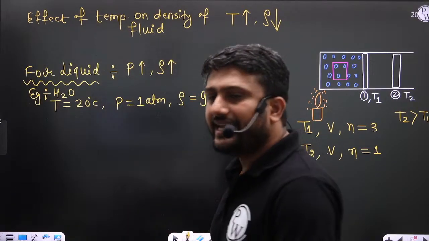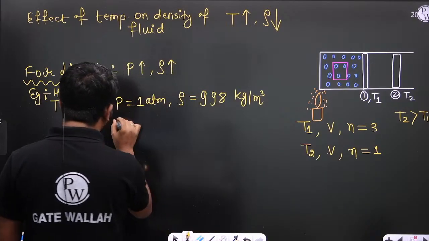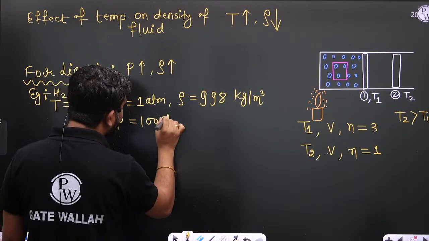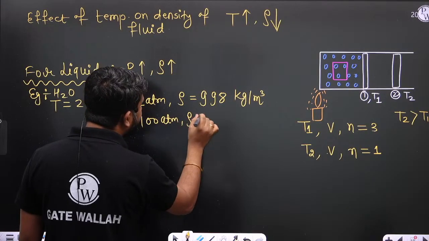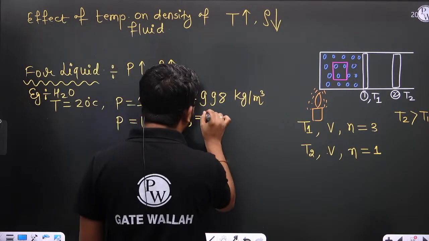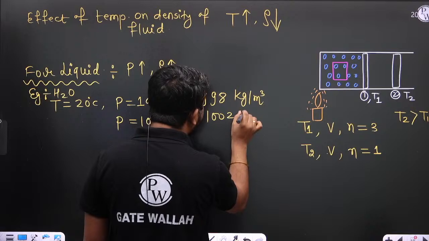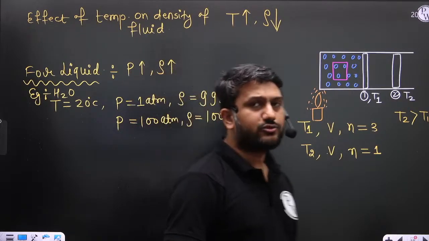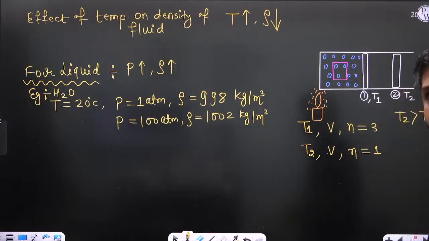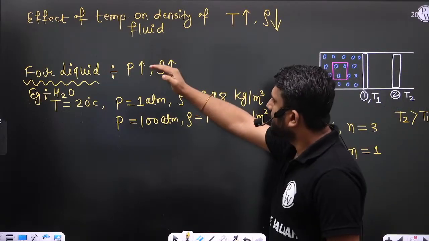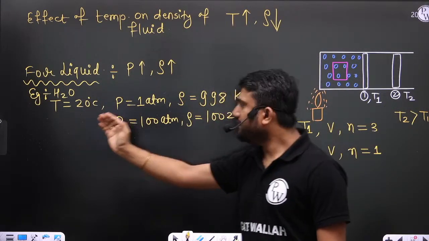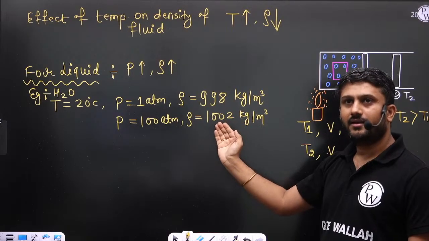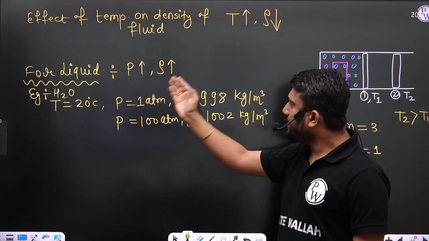Now when I increase the pressure 100 times, that means 100 atm, then the density of the water is 1002 kg per meter cube. So here you can see, at a particular temperature, when you increase the pressure, density increases.